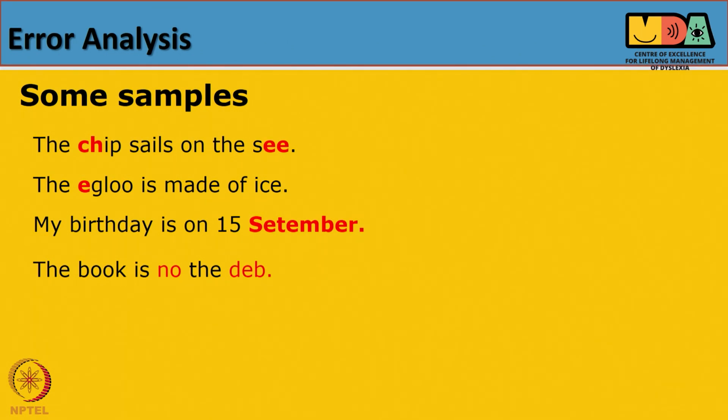My birthday is on 15th September. The correct word here is September. The child has left out one consonant in between. Syllabication would be a good way to help him identify the fact that he has left out one letter.